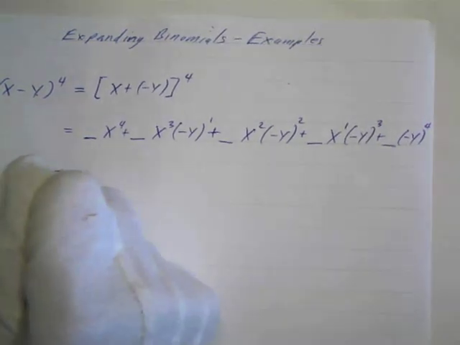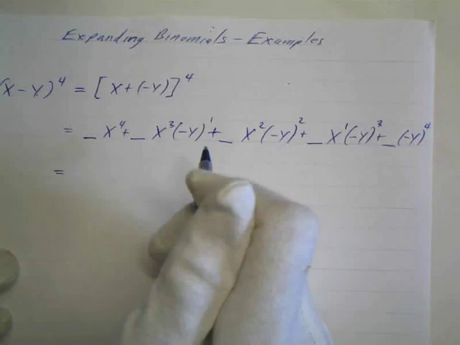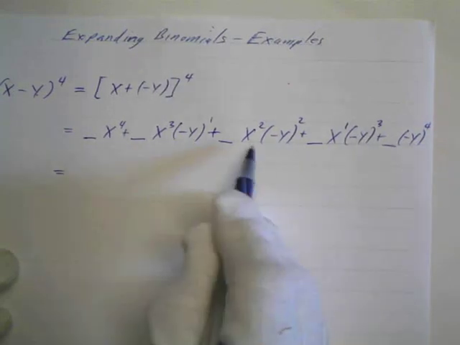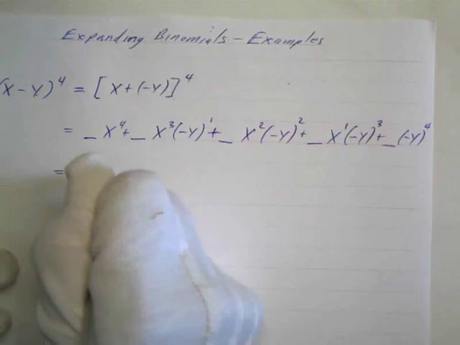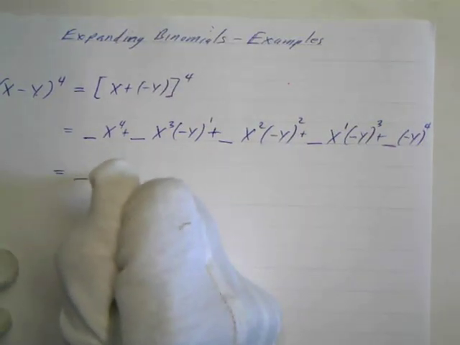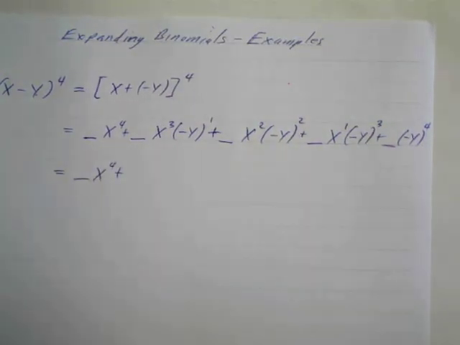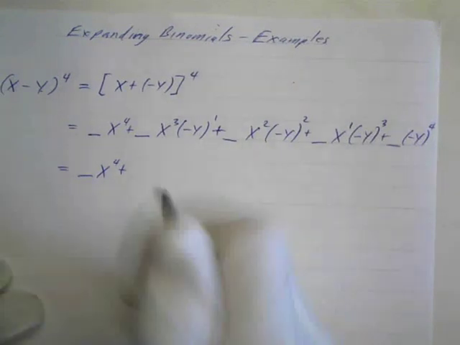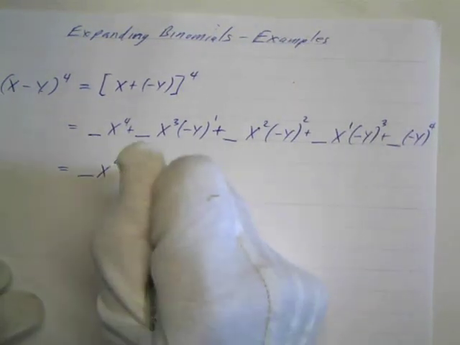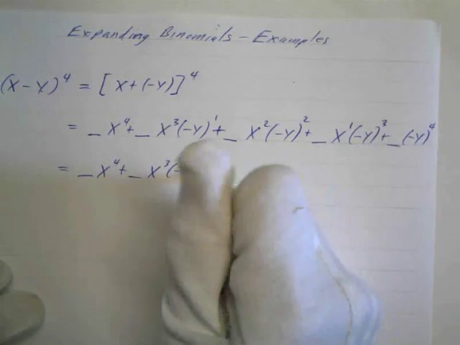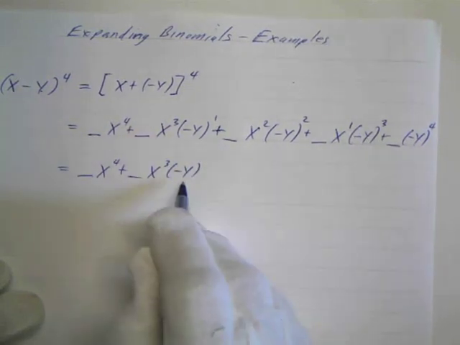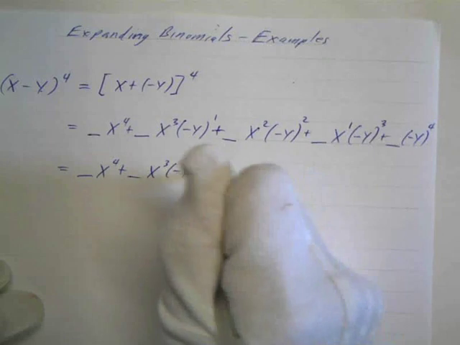And I'm going to kind of write this again with these exponents so you see what happens. So negative y to the first is just negative y. So I'm going to write it like this just for now.